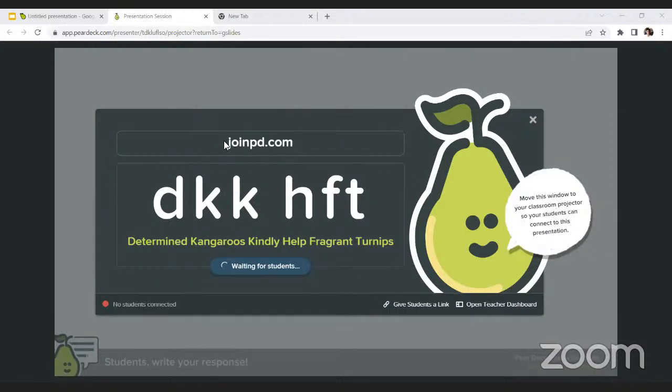What you have to do is go to joinpt.com and enter this code. I will also share the link.